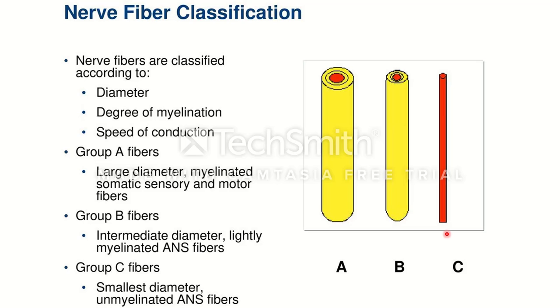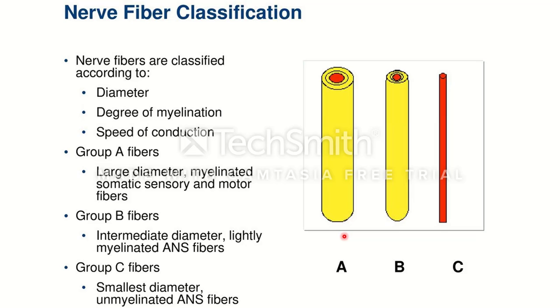So if the neuron doesn't have a myelin sheath at all, the speed of conduction of the electrical impulse along the neuron is much lower, or slower, than type B and A, which have myelin sheath around themselves.